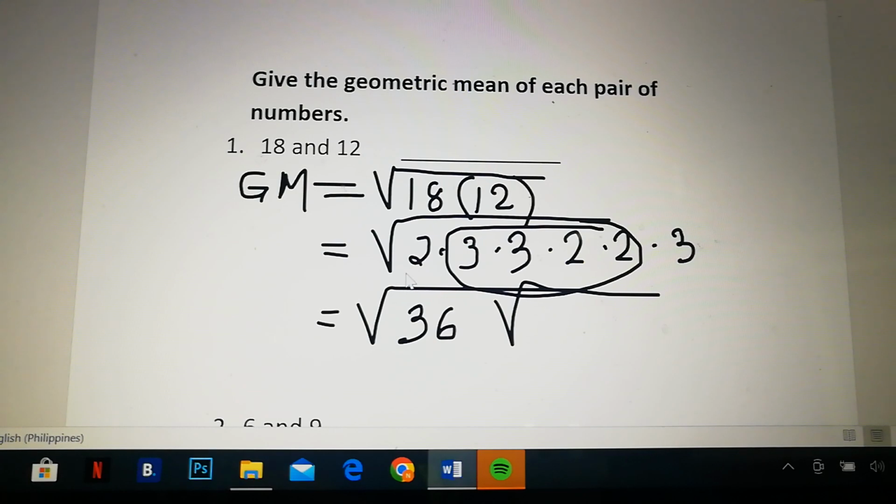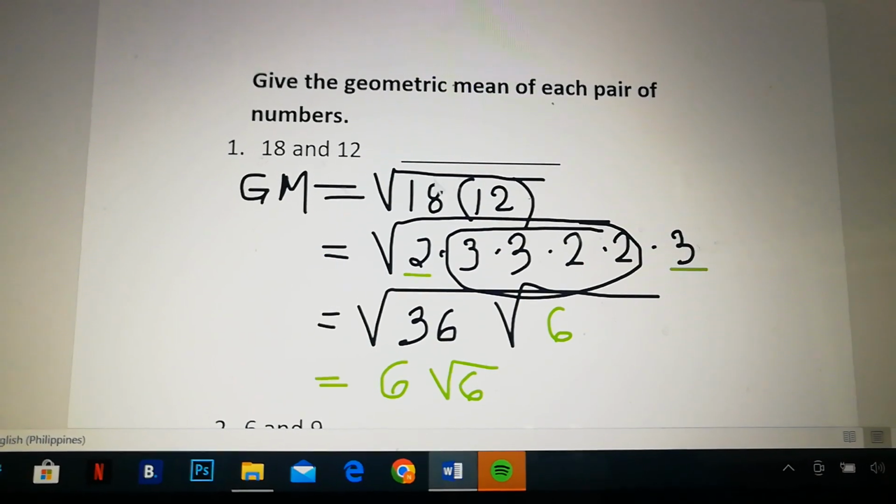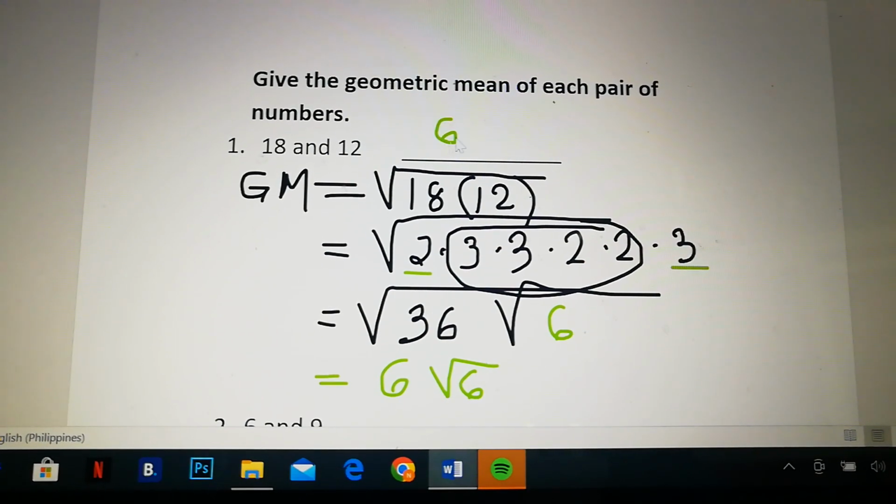So the non-perfect square factor is 3 times 2, which is square root of 6. So this is now equal to square root of 36 is 6, then square root of 6. So that is our geometric mean, 6 square root of 6.